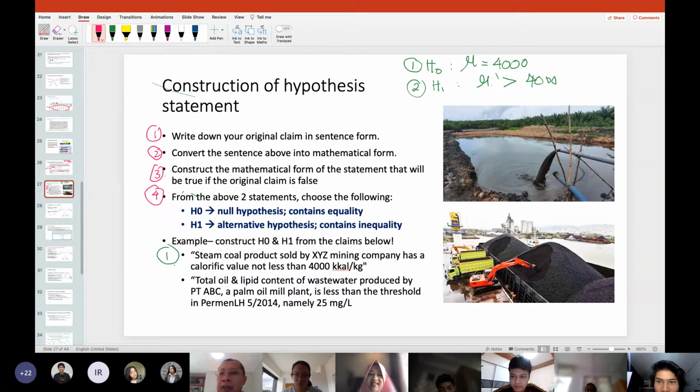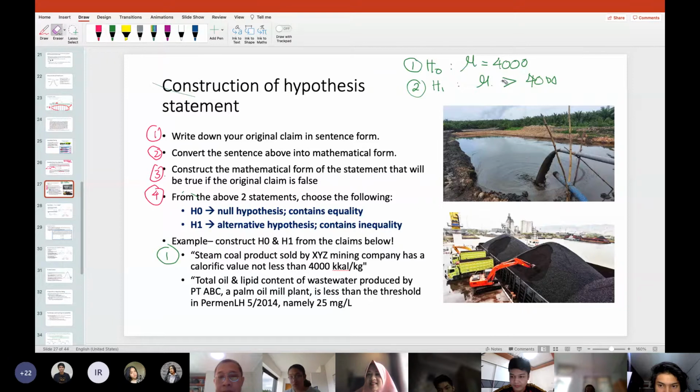The original claim that the company wants to prove is that their steam coal has a heating value not less than 4,000 kilocalorie per kilogram. Pay close attention to the words not less than. So that is the original statement.